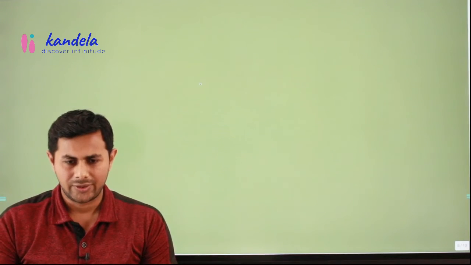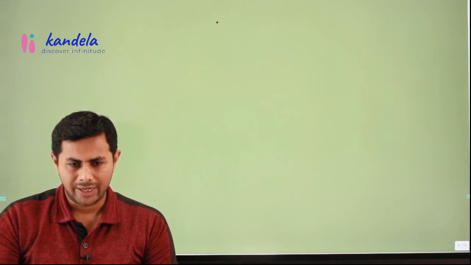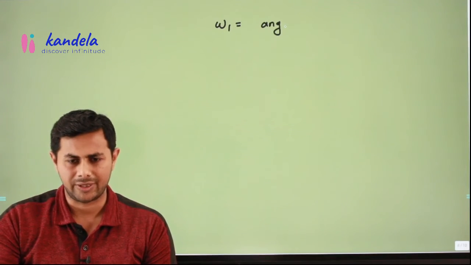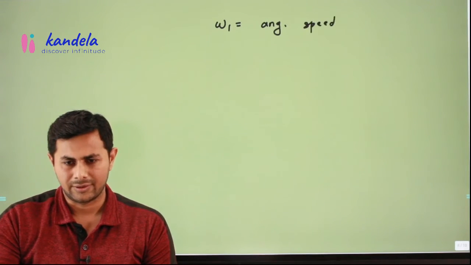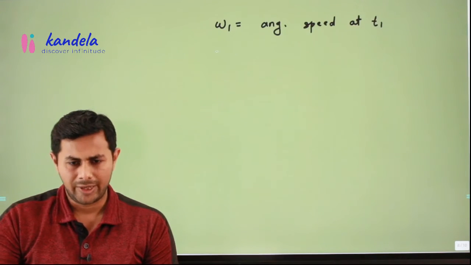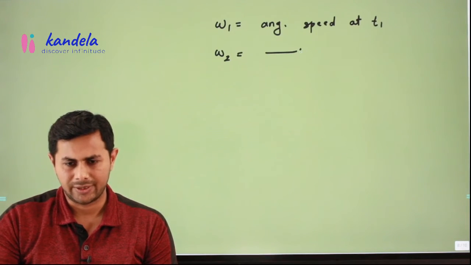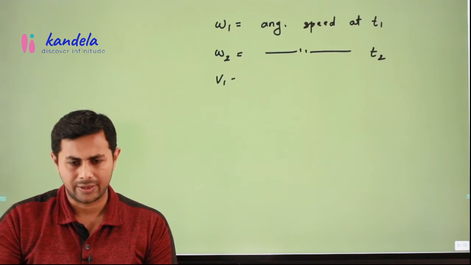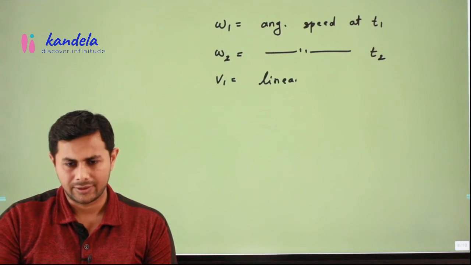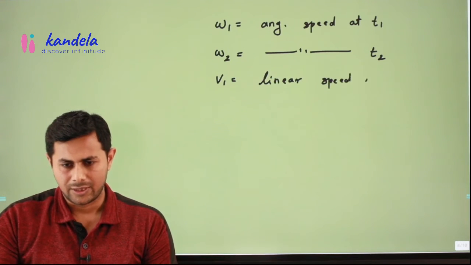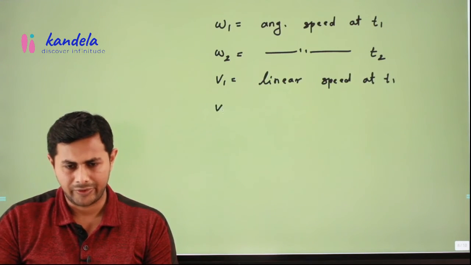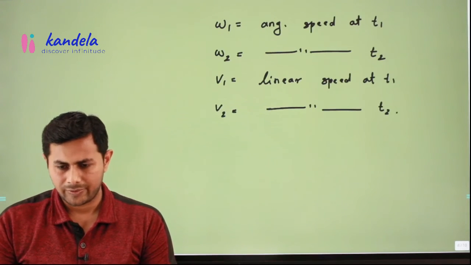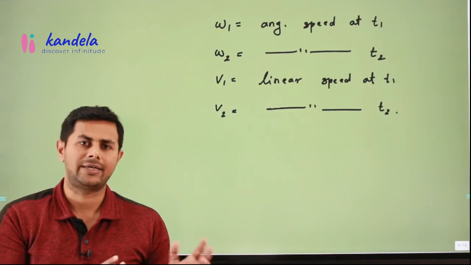So let's suppose omega 1 is angular speed at some time t1, omega 2 is angular speed at time t2, and v1 is linear speed at t1, and v2 is linear speed at time t2. So we have just found that v is equal to r times omega.